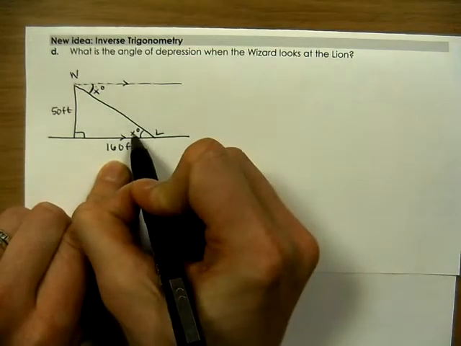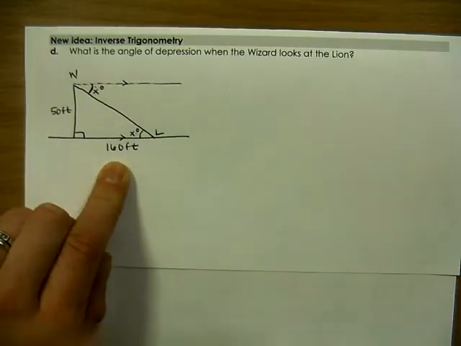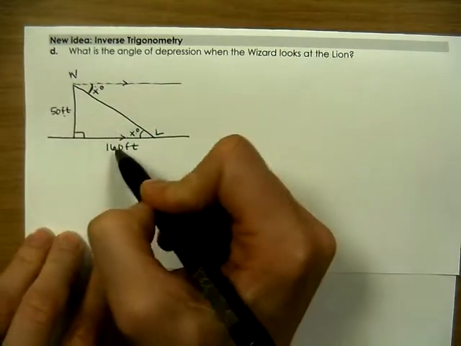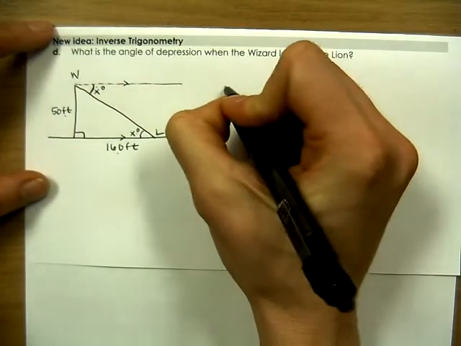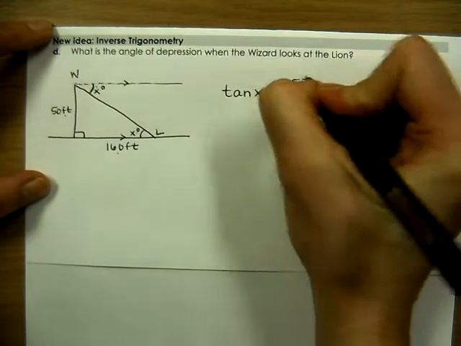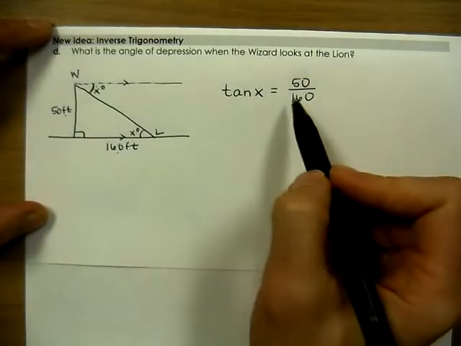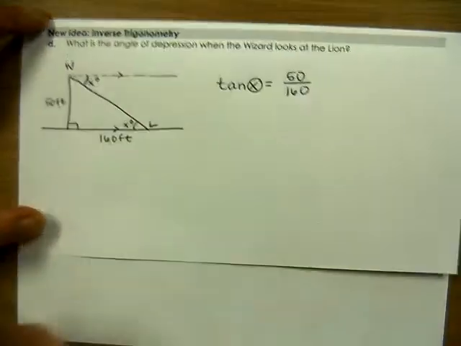If I'm trying to find x in this triangle, knowing that these two x's represent the same value, I see that I have the side opposite and adjacent. So I'm going to set up the equation: tangent of x is equal to 50 divided by 160. I have one equation with one unknown, and I can solve this equation for x.